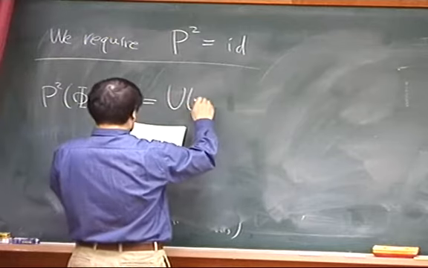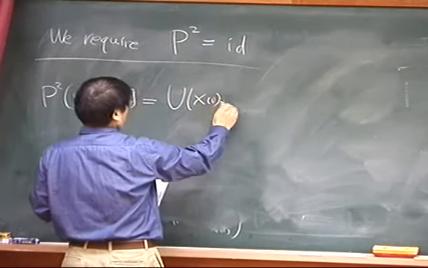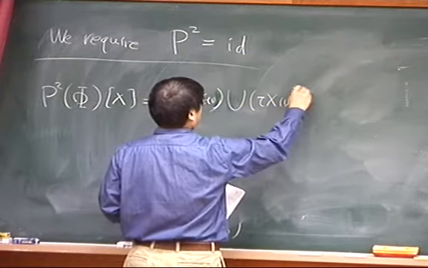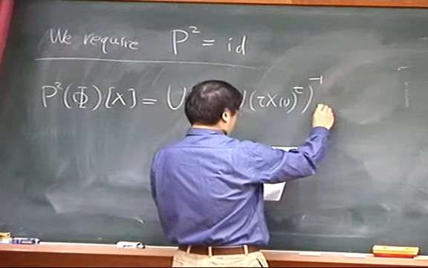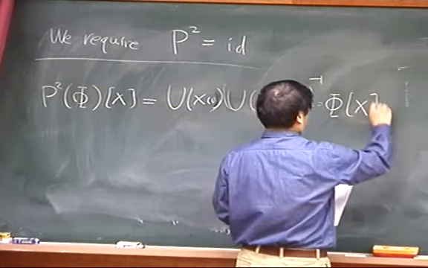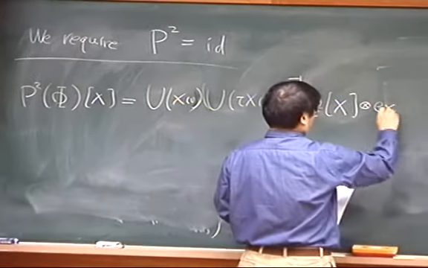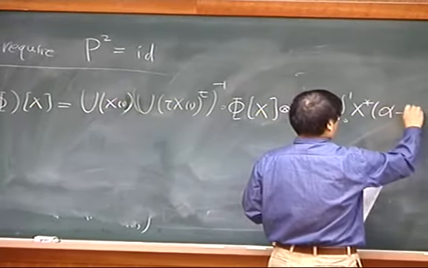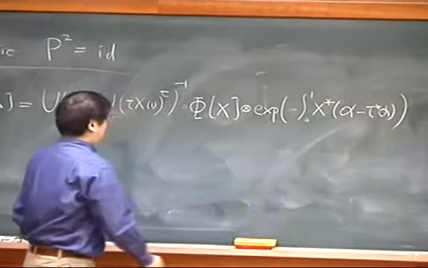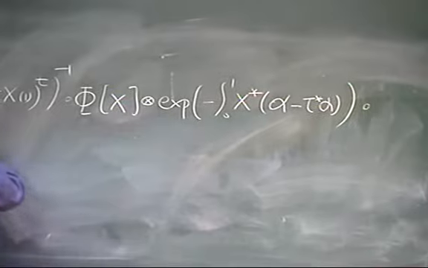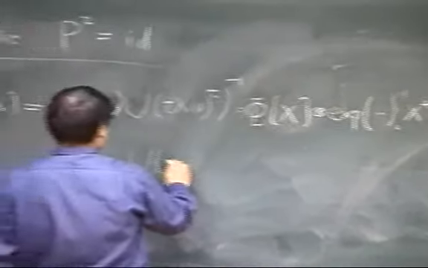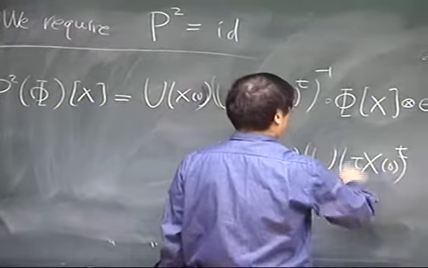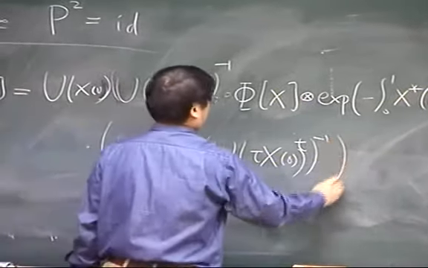Only the answer. U of x1 and U of tau x1 transpose and then inverse, and phi of x tensored with this holonomy parallel transport factor from 0 to 1 of alpha minus tau star alpha, and then composed with U of x0, same kind of things, tau x0 transpose inverse, and then the whole thing inverse.